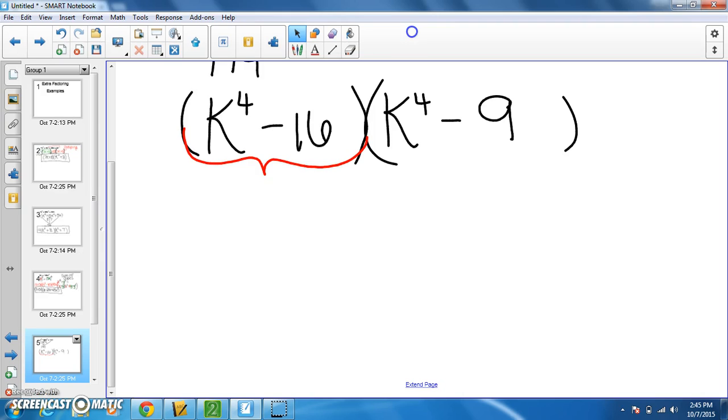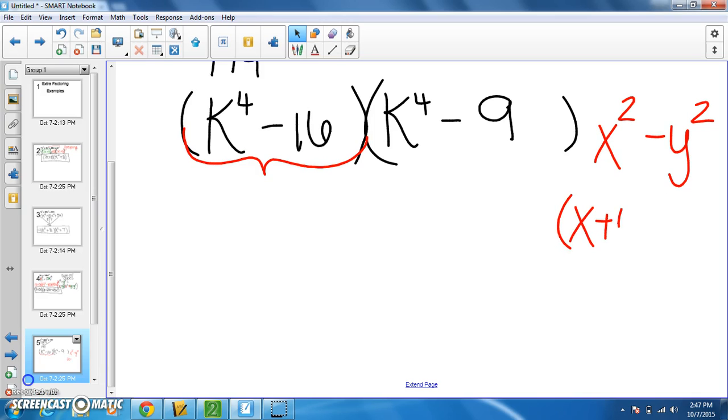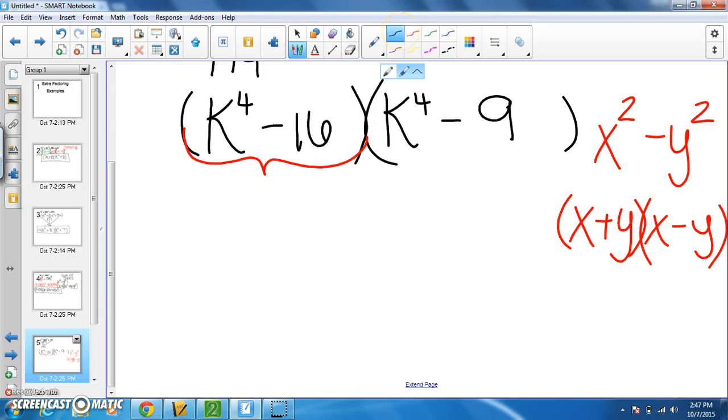Since I have k to the fourth power, we are going to think about the difference of squares, because we have a difference. And the difference of squares is x squared minus y squared can be factored into x plus y times x minus y.